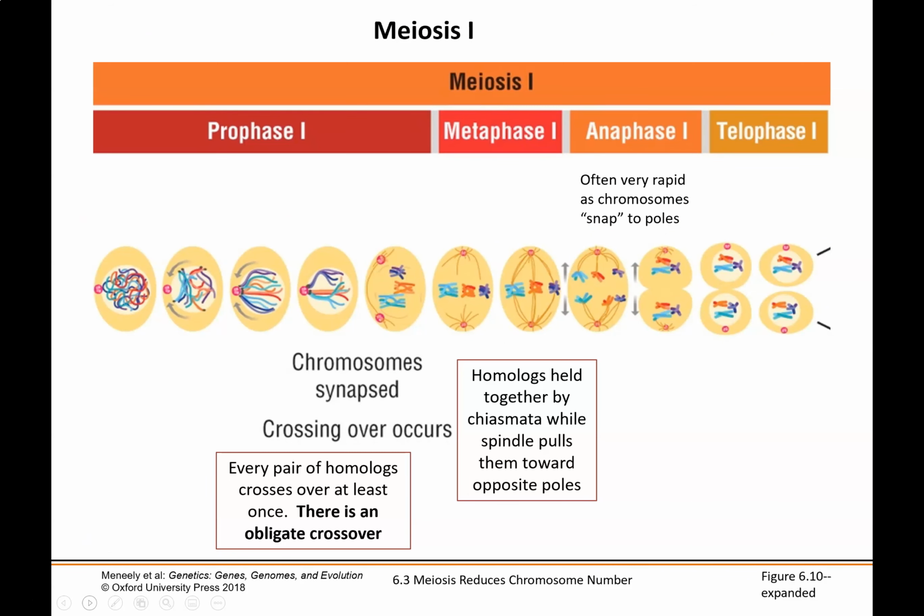So let's talk about some of the details of meiosis 1. In prophase 1, we see the condensing of chromosomes. Those chromosomes line up and our homologous chromosomes pair up. Now they do that by something called a bouquet formation. We'll talk about that in just a minute.